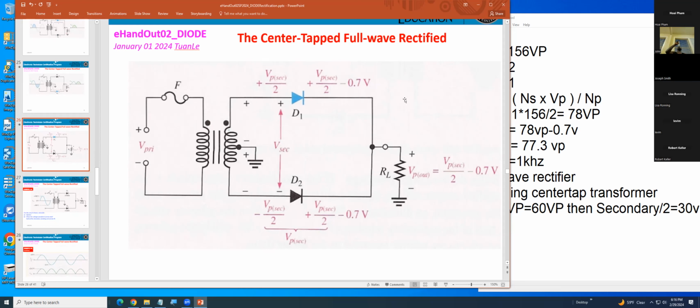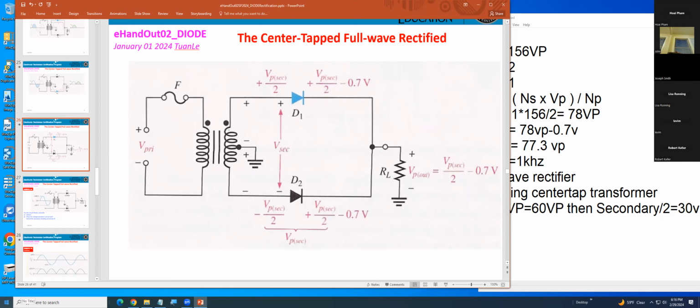We already talked about this. Diode will be on. When they are on, you substitute the diode by the 0.7 volt. And that's why you get V peak secondary divided by 2 minus 0.7.